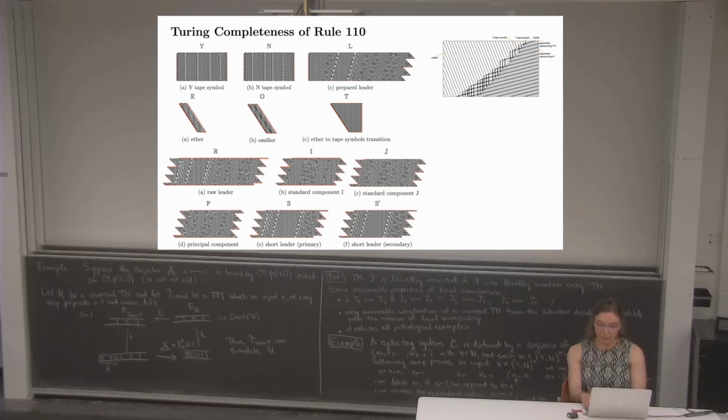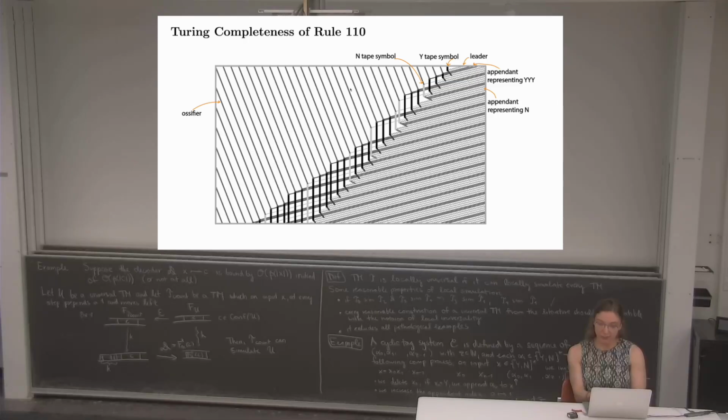But one problem you can see is that if we did not append something once in a while, these ossifiers that travel would eventually hit a tape symbol. And that will destroy this whole construction. This shows that rule 110 is not able to simulate every cyclic tag system, but only some admissible cyclic tag systems, which have the following property.